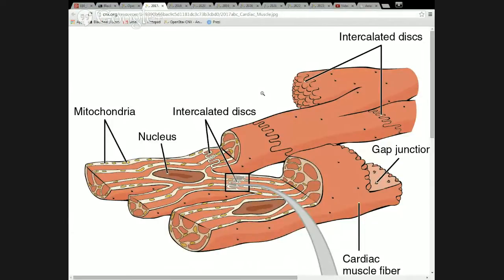So that doesn't change. What is different is how the two types of tissue have to solve essentially the same problem, which is how to translate contraction at that organelle level, the sarcomere contraction stuff, up to the entire organ contracting.